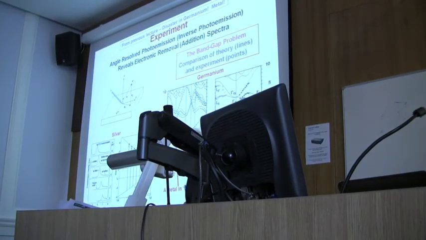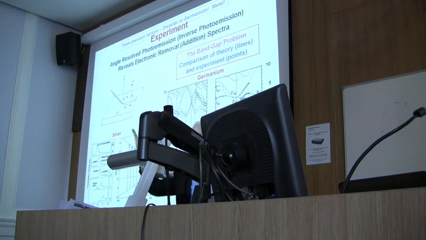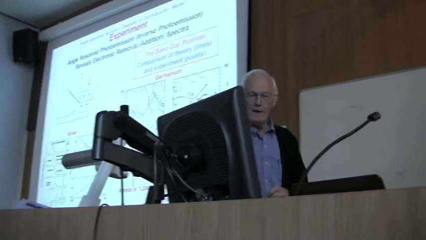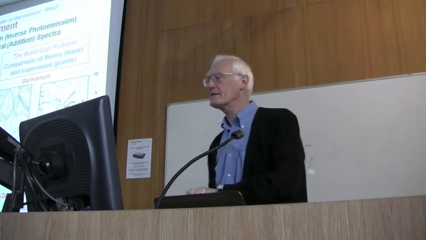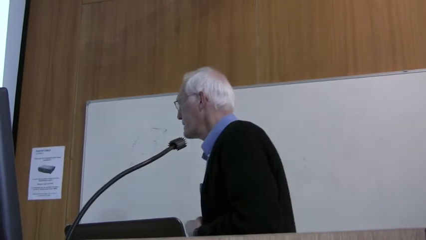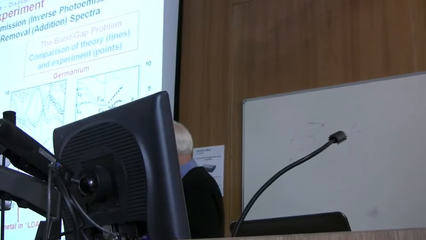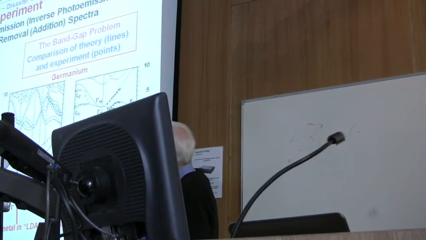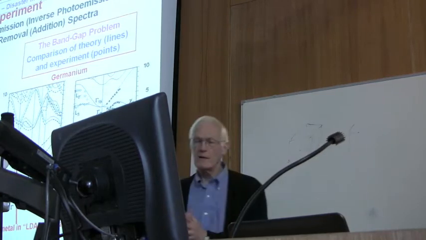The highest occupied states and the lowest unoccupied states are the same energy, which it shouldn't be, of course. Just disaster in a certain sense. But with somewhat better density functional approximations, you can do better on that. But the real problem is a many-body problem, and it's quite amazing how well this so-called GW approximation works. So we can understand the basics of that without a lot of math.